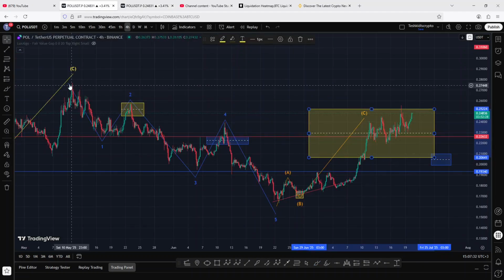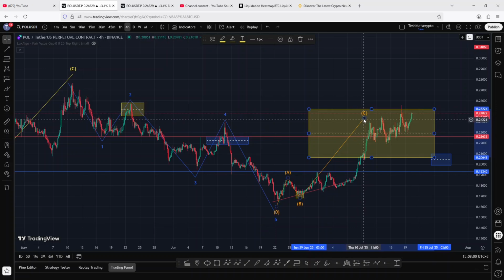And that is because from the highs we made above the 0.27714, I have been observing a 5-wave structure to the downside on the 4-hour chart, where you can see that we have this 5-wave structure that made a low below the 0.16373. And having seen a 5-wave structure to the downside, we should expect an ABC corrective structure.